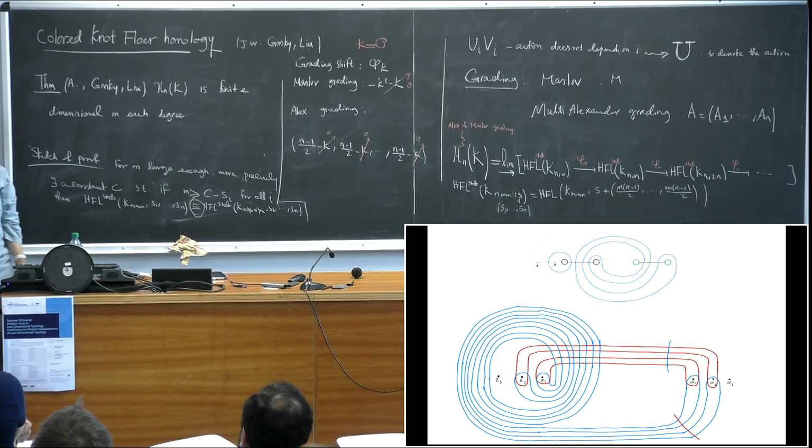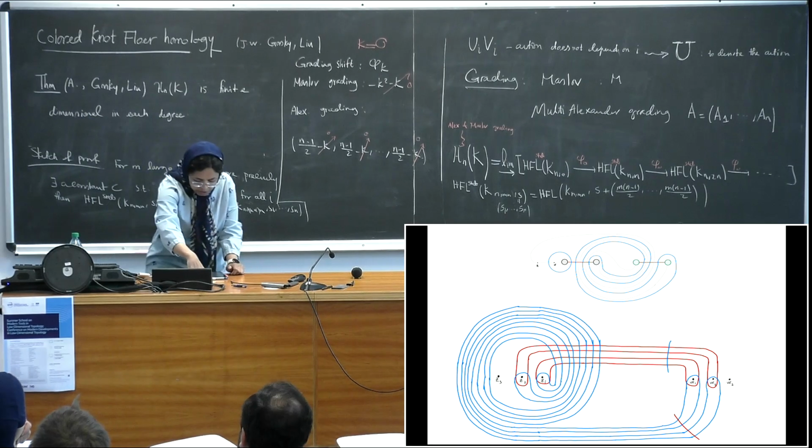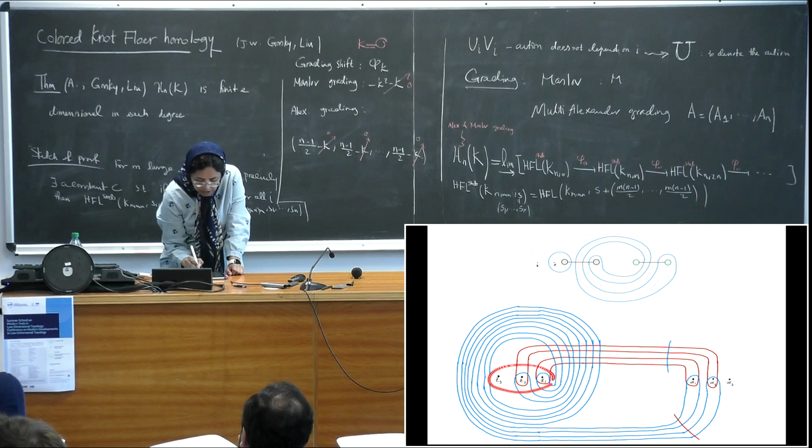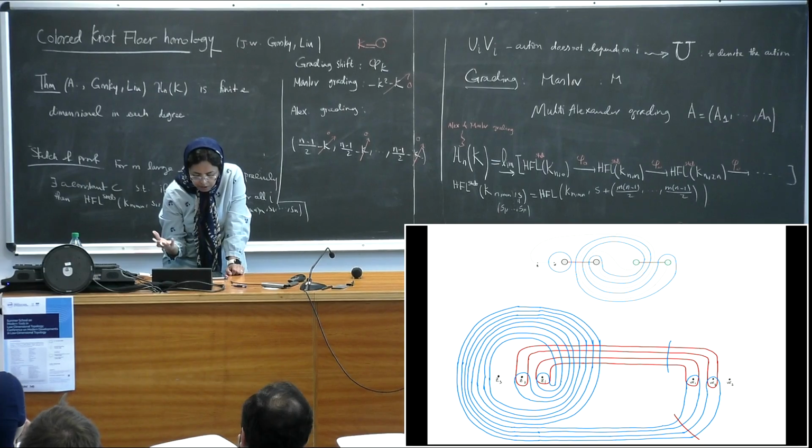And how do you do that? You do it in a way that these guys are in the same region as W, and these guys are in the same region as Z. This part is parallel to the arc that connects Z to W away from the beta, so you don't see any beta intersection here. And this part is parallel to the arc that connects Z to W away from the alpha.